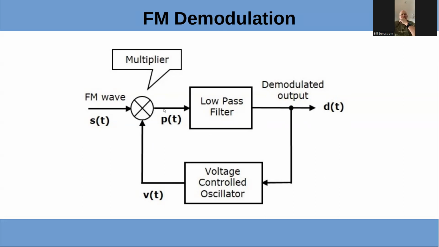And it's going to output an error signal, which is proportional to the difference in frequency or phase of these two inputs. So as that error signal increases, you filter it to get the average of it, get all the high frequency spikes out. And then you use that to control the frequency of the voltage controlled oscillator.